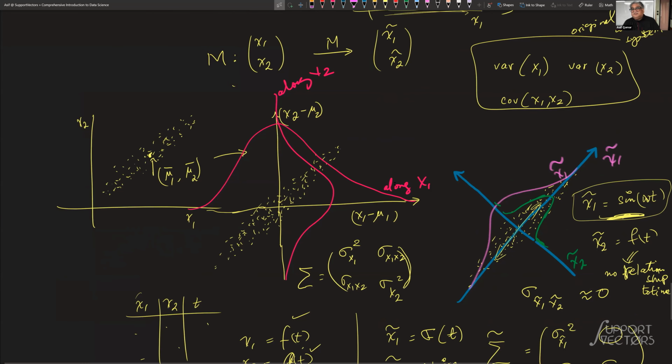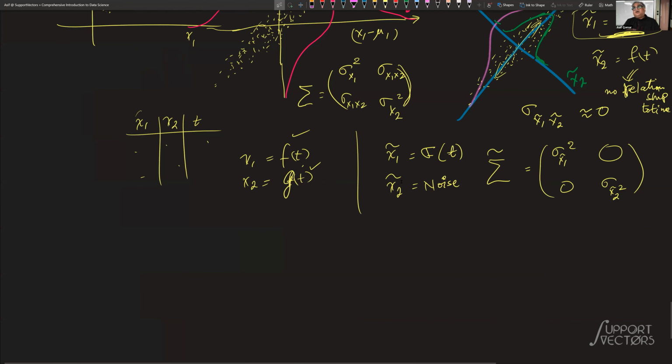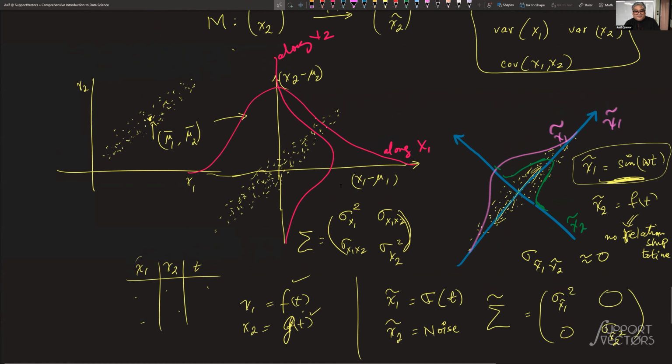Ducks are randomly distributed in the pond, so you just throw away the feature itself. But in this method, you did not throw away any of the features. What you did is create new features, x1 tilde, x2 tilde, which are in some sense far better in separating the noise from the signal.